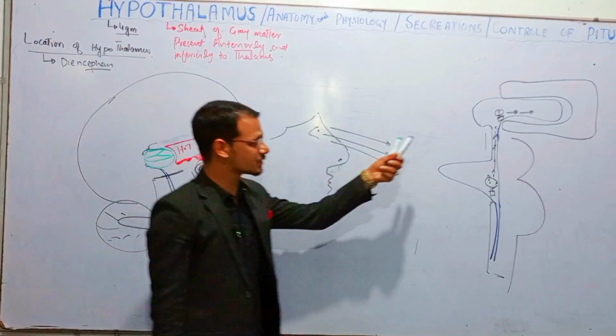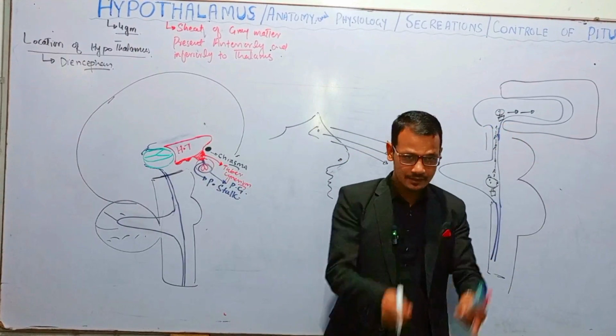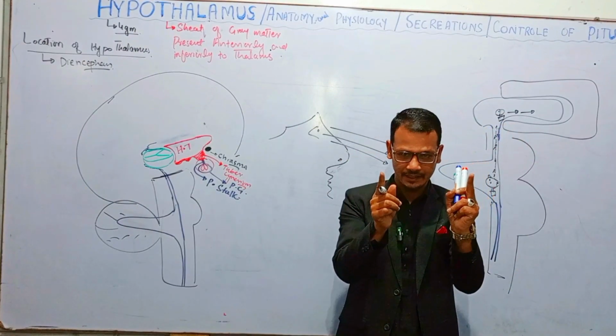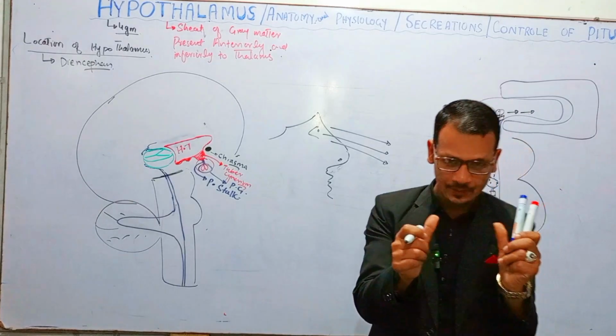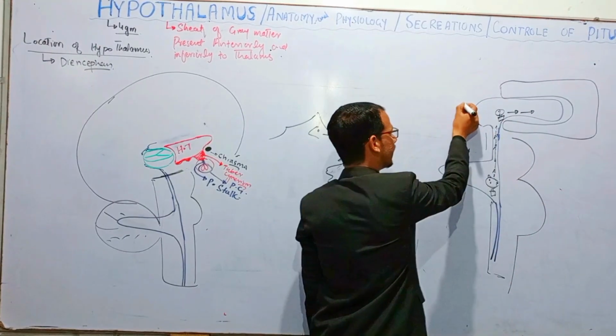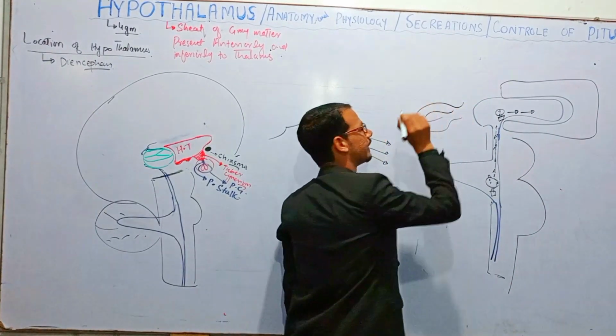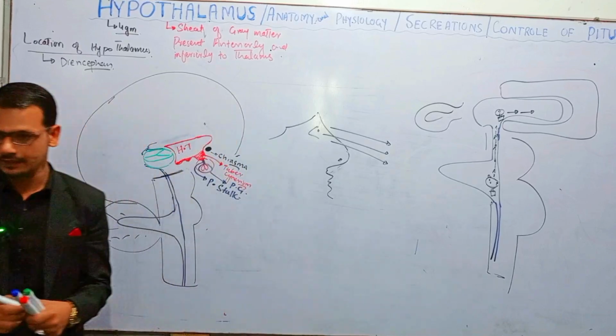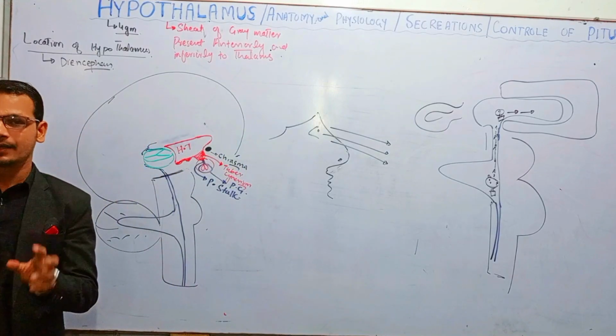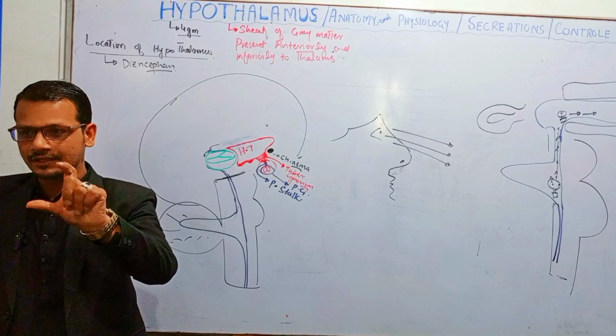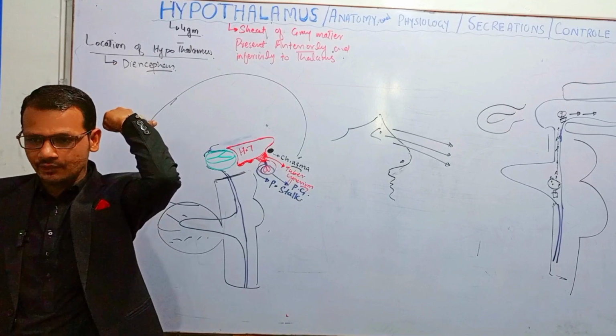If he is moving in this third ventricle, anteriorly he will find the hypothalamus and posteriorly he will find the pineal gland, right? I mean that the pineal gland is present posteriorly to the third ventricle.